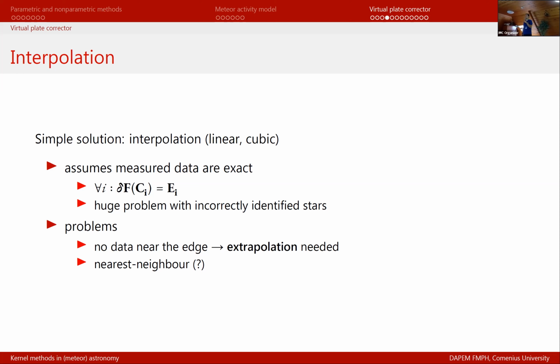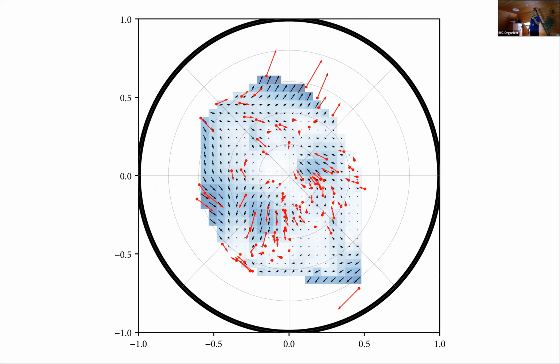A huge problem is when the stars are not identified correctly, of course, this really breaks the whole thing. Another problem, and maybe a huge one, is that if there are no data near the edge, which is usually the case near the horizon with an all-sky camera, we need to extrapolate as well. This is not very lucky because, you know, extrapolation usually carries very huge errors.